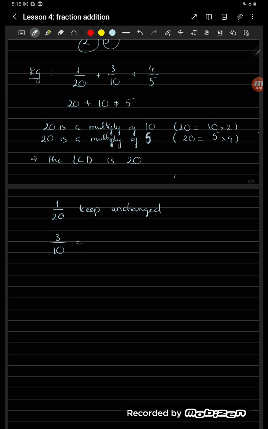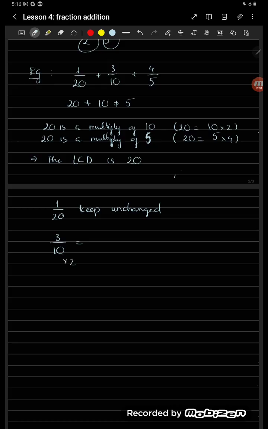Okay, so 3 over 10. How can we make 3 over 10 become a new fraction that has the same denominator, 20? Like I said above, because 20 is equal to 10 times 2, the only thing you need to do is times the bottom part with 2.